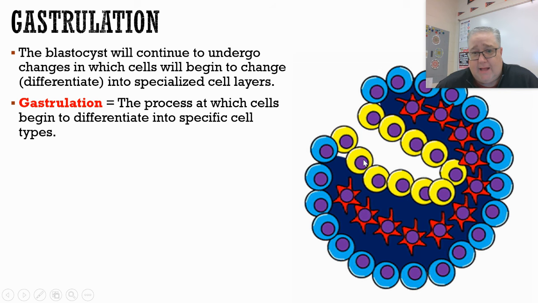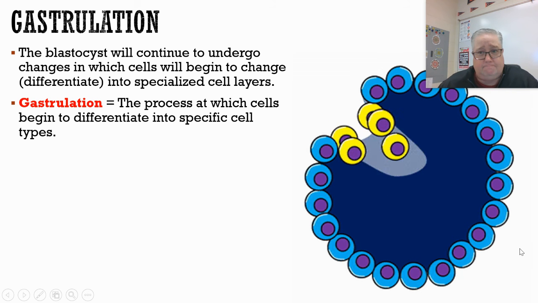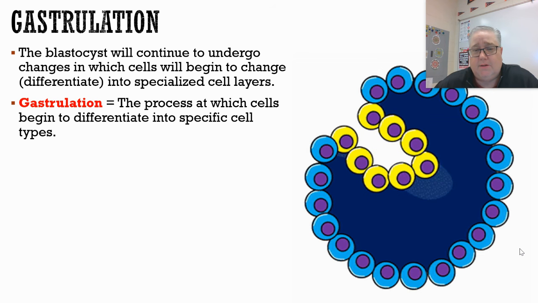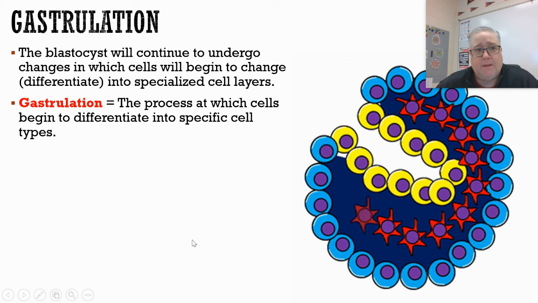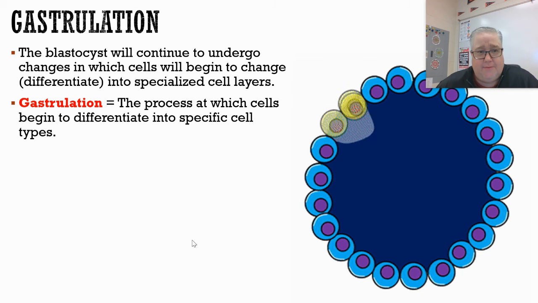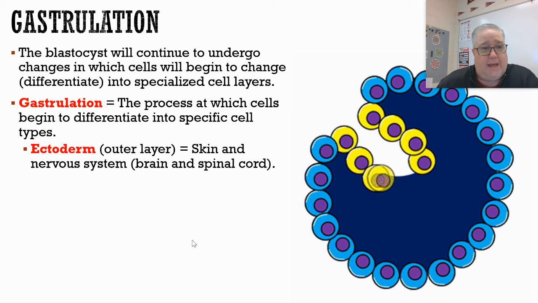For example, these yellow cells in the middle are going to become certain types of tissues. The cells on the outside, these blue cells, are going to turn into different types of tissues or organs. And these red cells, the same thing, okay? This process happens early on in development, and those cells start to differentiate. That's a really important word, differentiate.